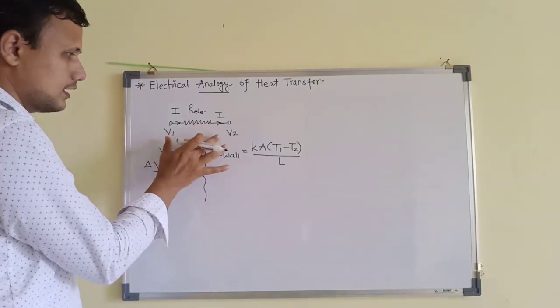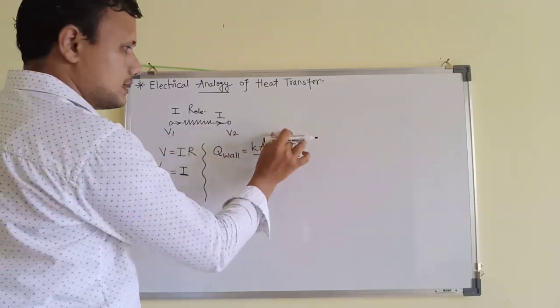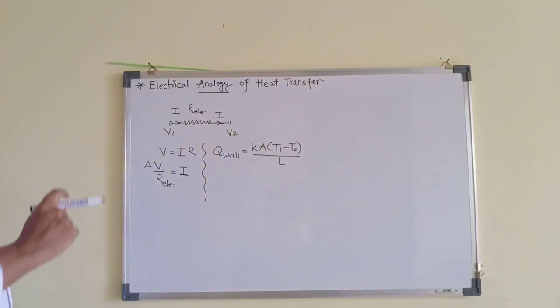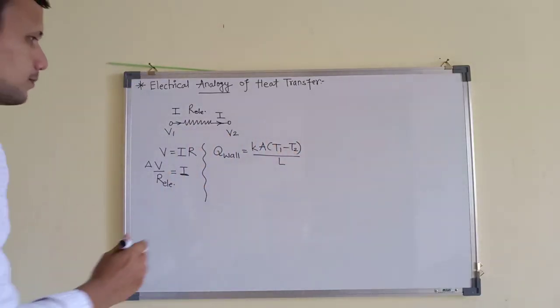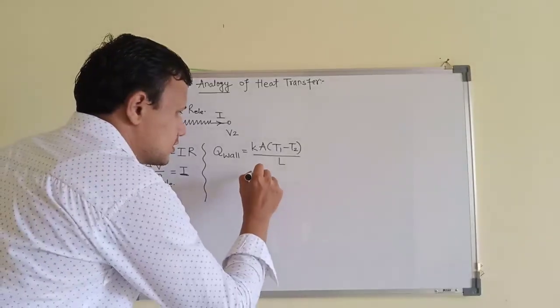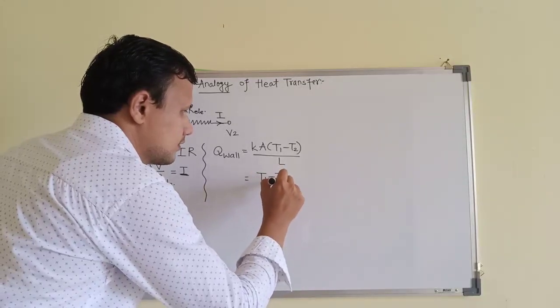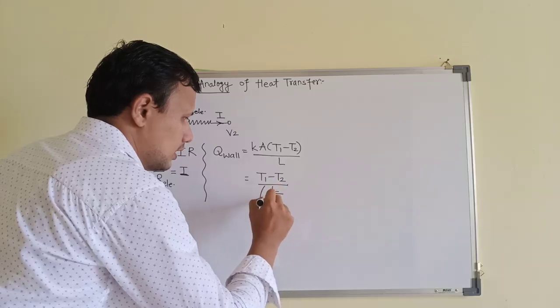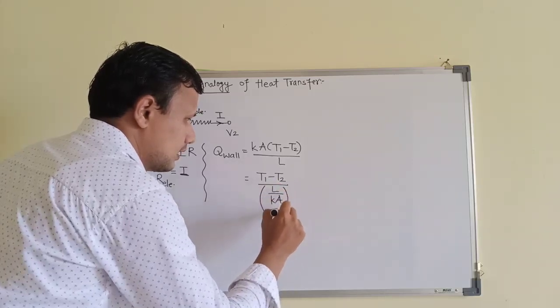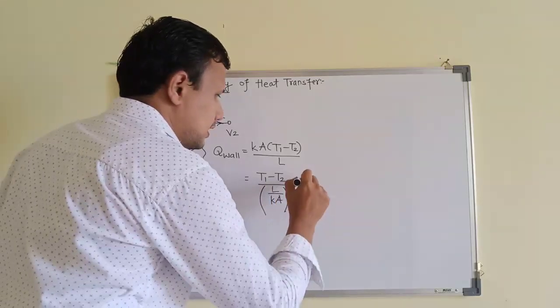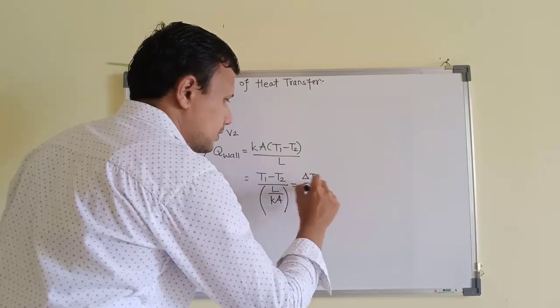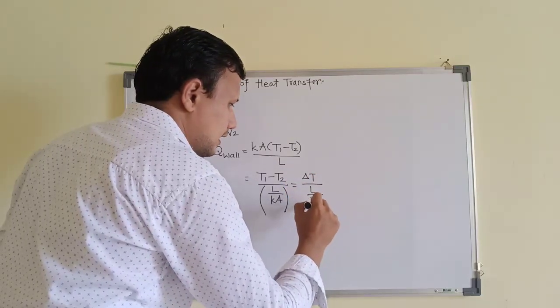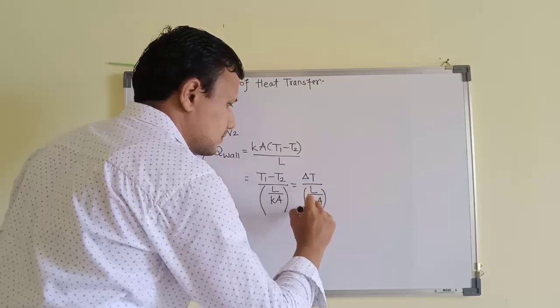In the electrical circuit it was potential difference, in the thermal circuit it is temperature difference which is responsible for heat flow. Let us reorganize this equation keeping only the temperature difference on the top and all the remaining terms at the bottom. So ultimately it gives us L upon kA. We can write it in a short form: this is the temperature difference and this is L upon kA.